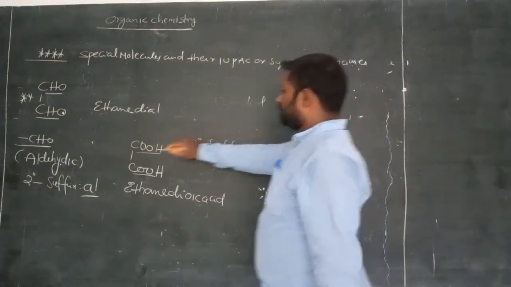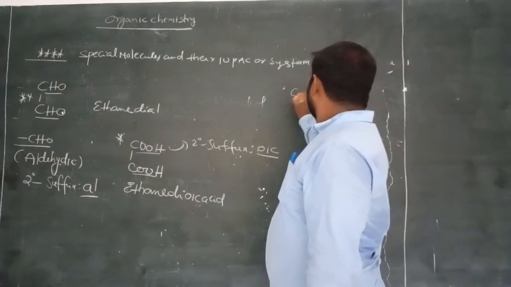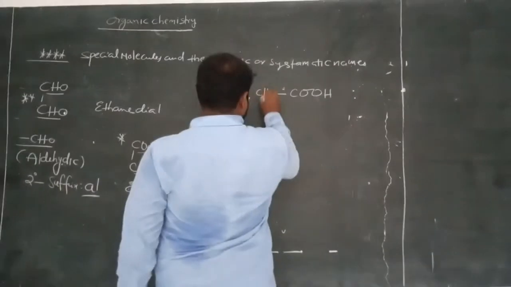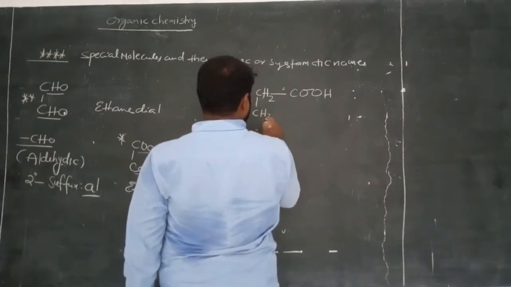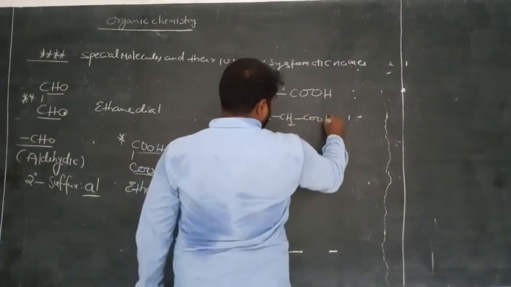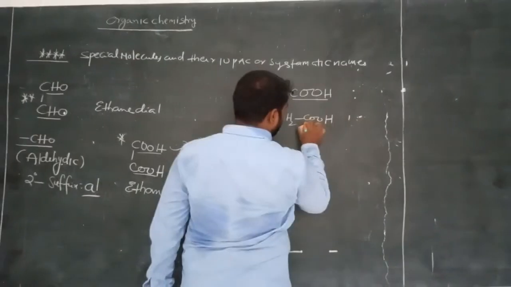Take one more example. COOH, and so on. It also consists of 2 COOH groups, am I right?